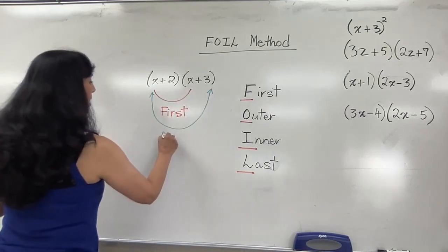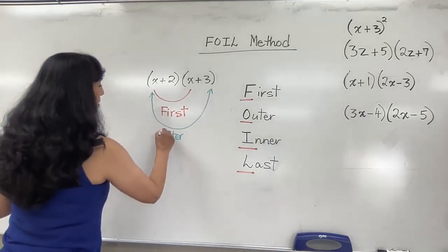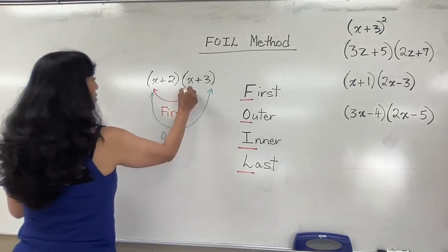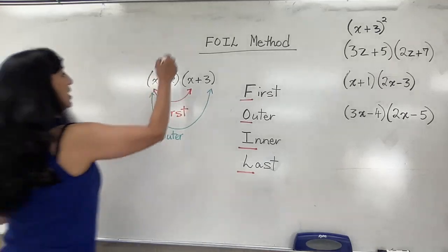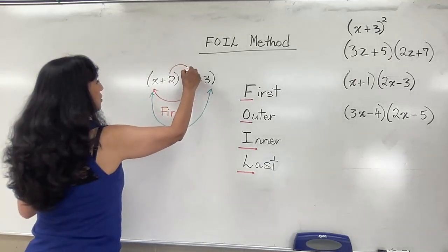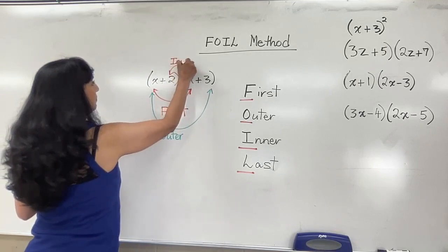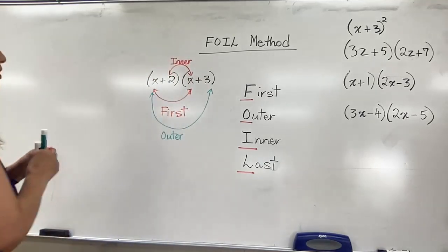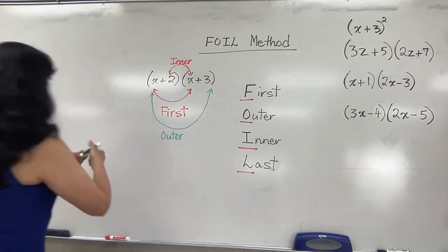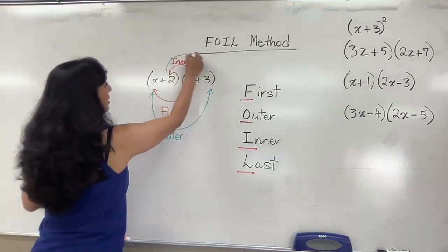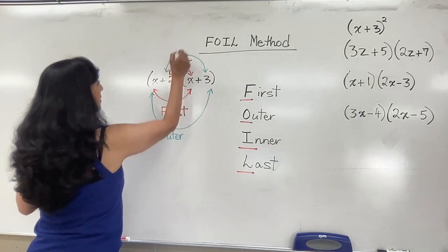I had shown you the first ones, which are these two. Inner terms, these two. And then I have the last, which would be this and this.